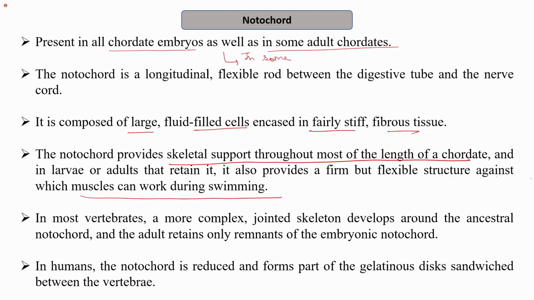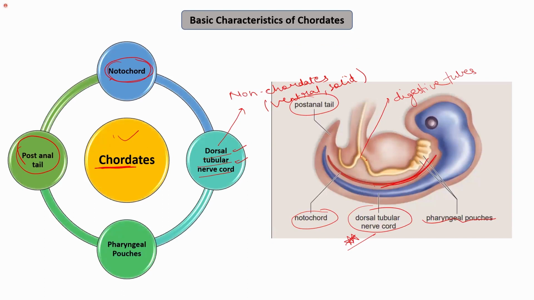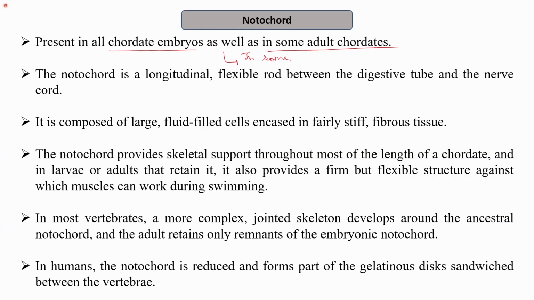We can see that it is present throughout the length of the chordate, and even in adults where it is present, it provides a flexible structure against which the muscles can work during swimming.